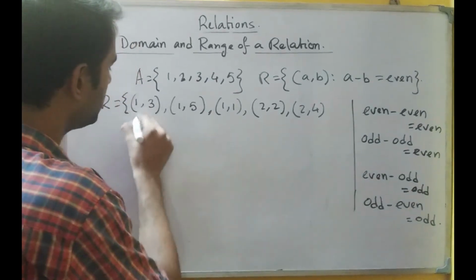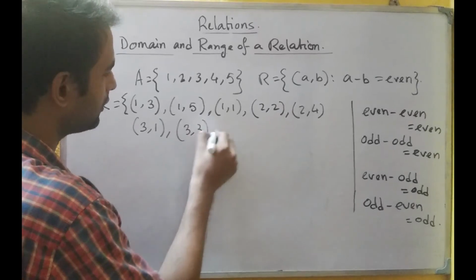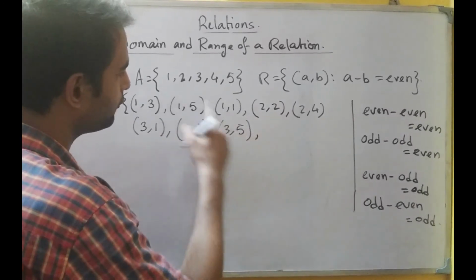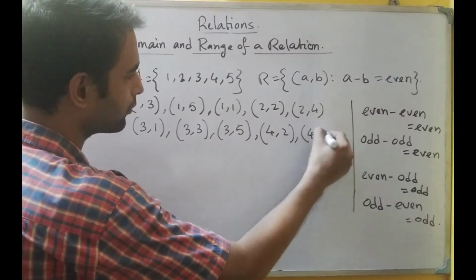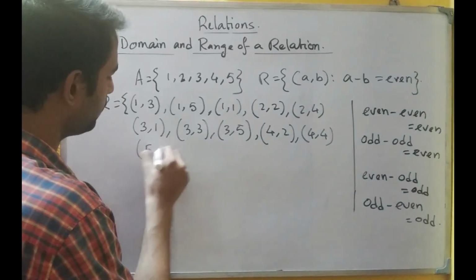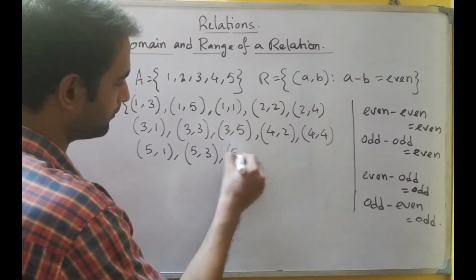That's it. With 3, it should be 3 1, 3 3, 3 5. With 4, it should be 4 2 and 4 4. And with 5, it should be 5 1, 5 3, 5 5.